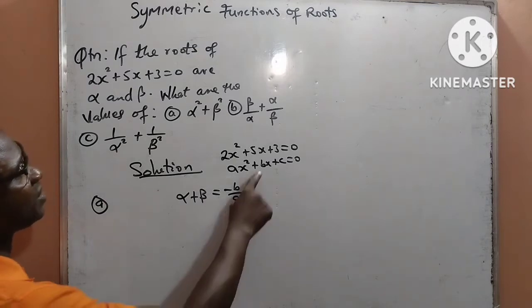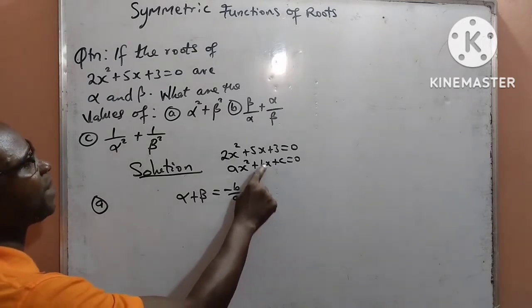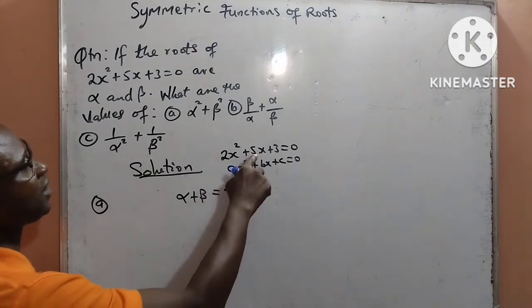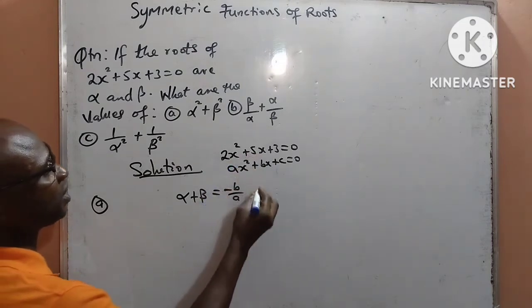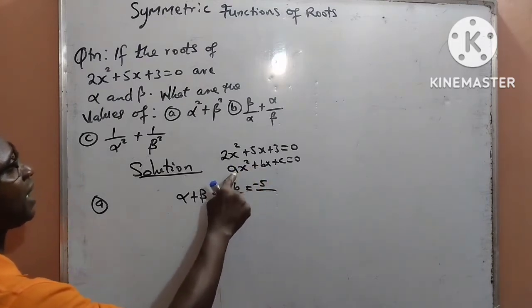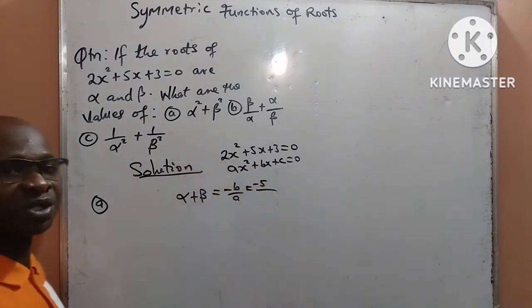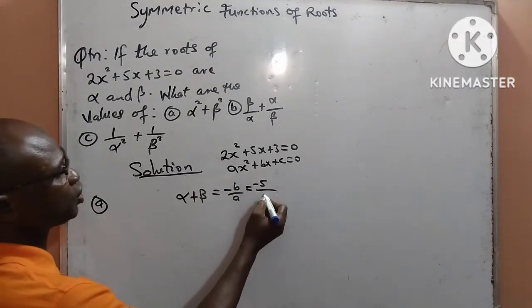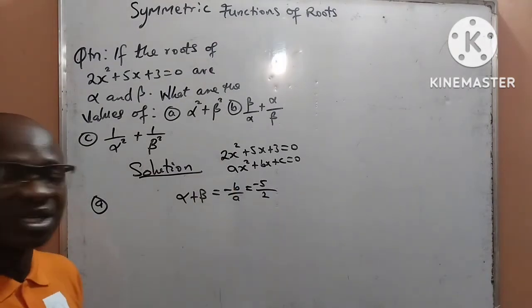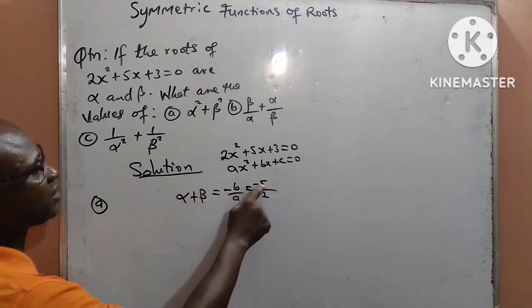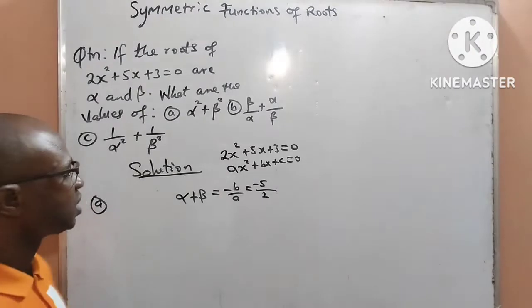And the sum of roots is given by minus b all over a. And our b, as you can see here, if you compare it with the equation that we are given, is 5. So minus b will now give us minus 5 all over a, and our a is 2. So we can simply say that the sum of roots is equal to minus 5 all over 2.